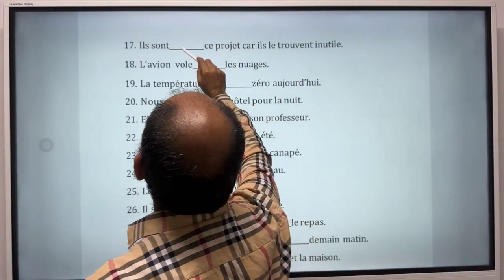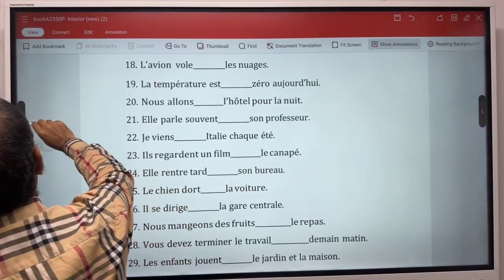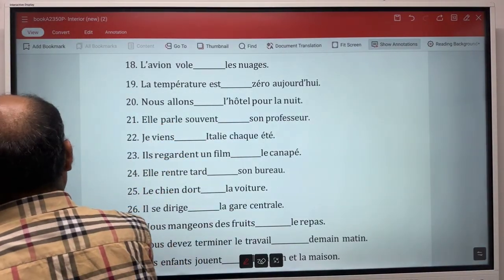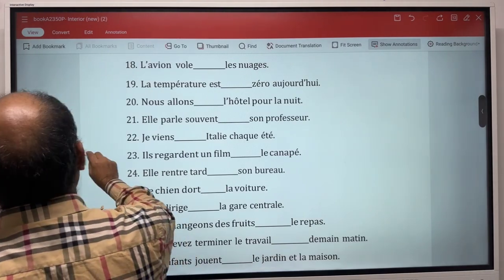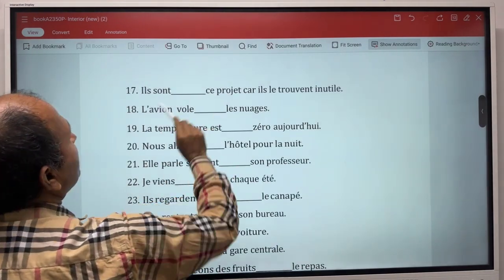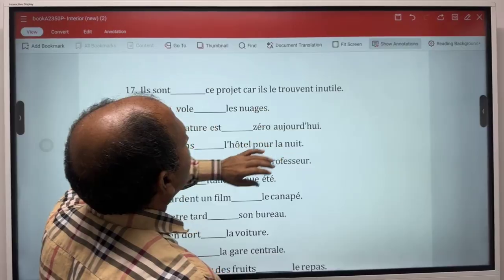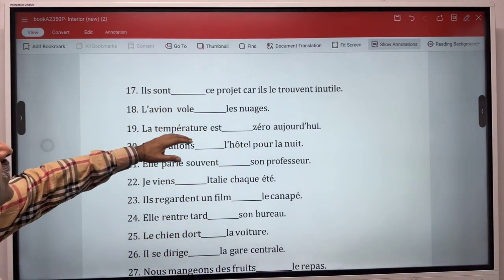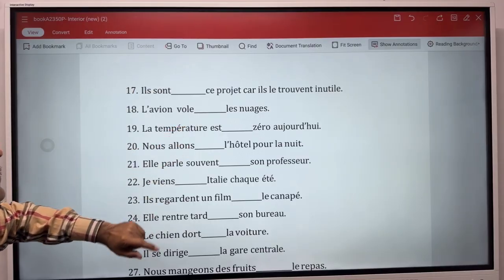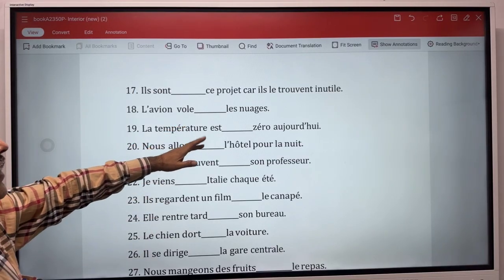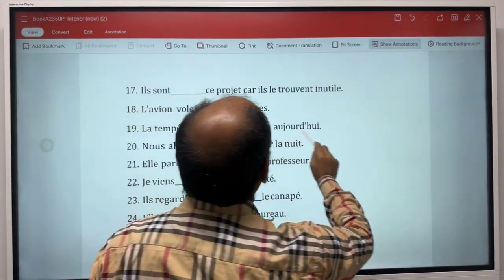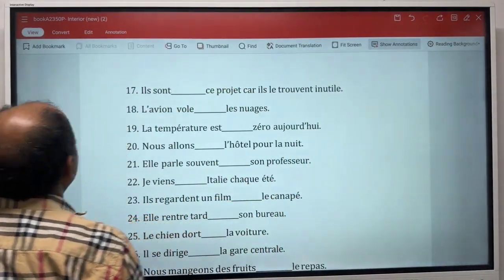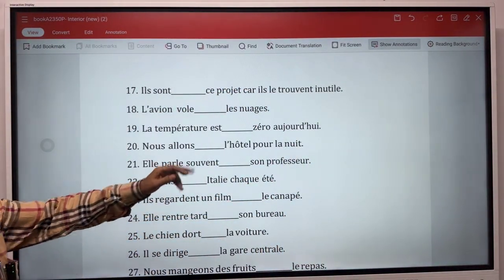They are against. So against is contre. So answer would be contre ce projet. L'avion vole au-dessus de, DESSUS. La température est below 0, so the word is au-dessous, DESSOUS, de 0.